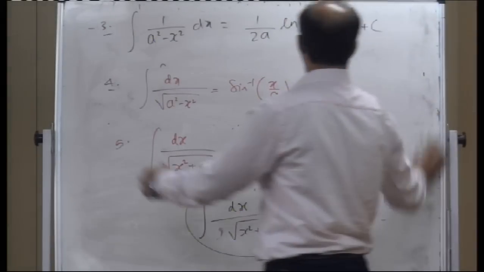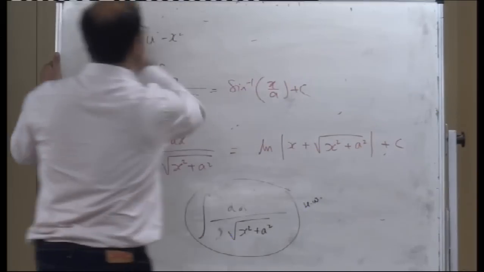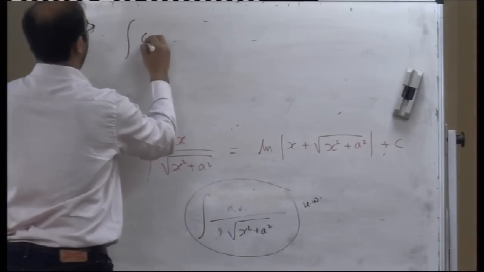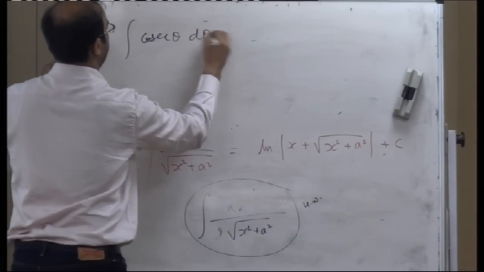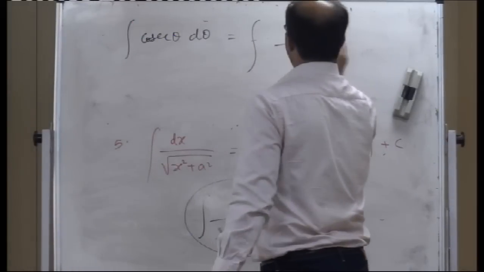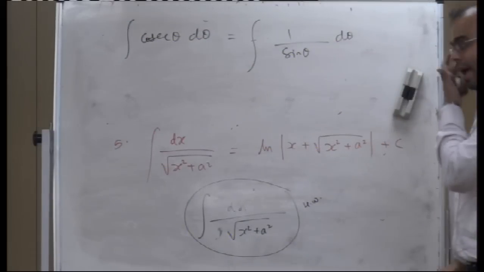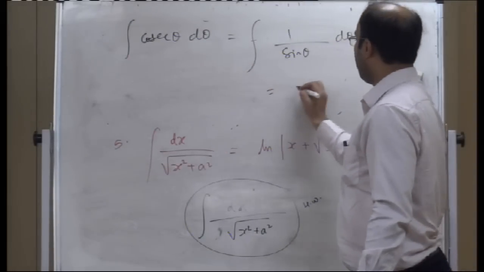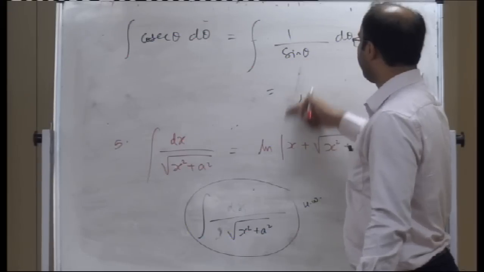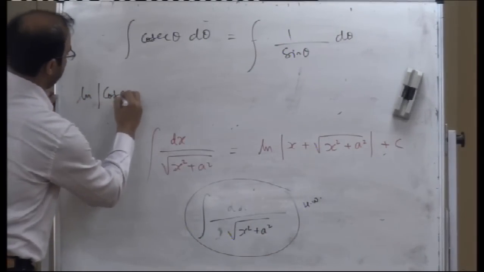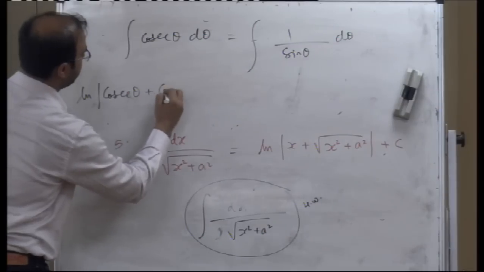So if you see, integration of cosec theta d theta is actually 1 by sin theta d theta. And if we have to apply this formula over here, and this formula, if you remember, we got like this: log of mod of cosec theta plus cot theta.